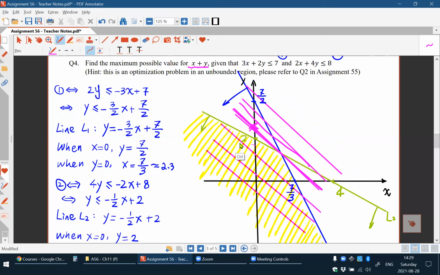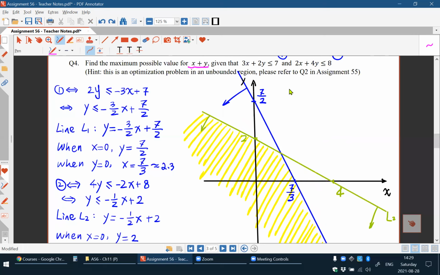Understand? But in order to check that, we need to check the slope of this line first. For example, if this line has a slope like this, which is equivalent to the blue line, the answer should be different, right? The answer could be different, I mean.